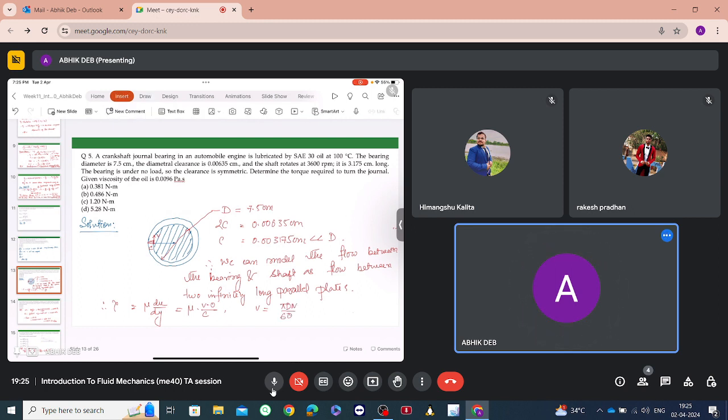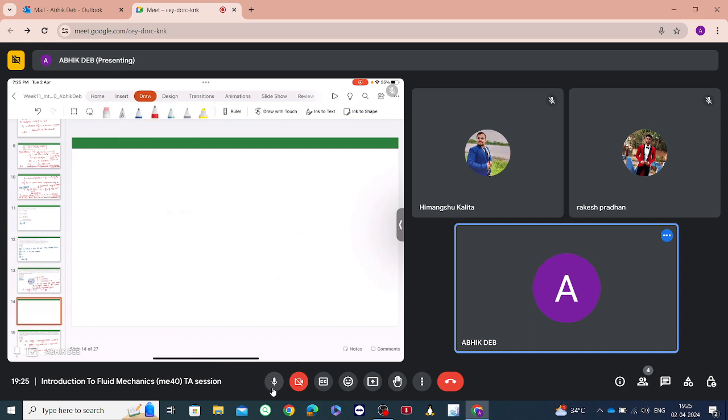Therefore tau is mu into pi dn by 60 c, and the force due to this shear stress Fs is equal to tau into area, that is tau into pi d into L. So this is mu into pi dn by 60 c into pi dL.